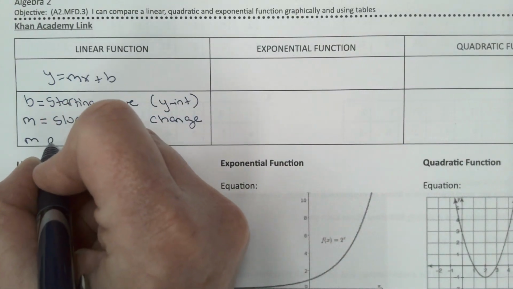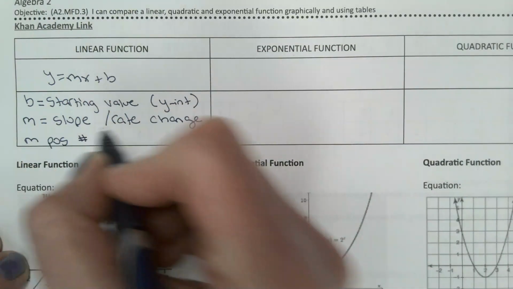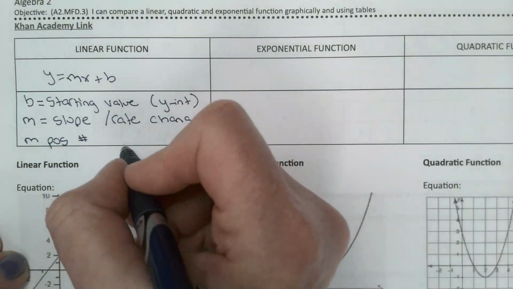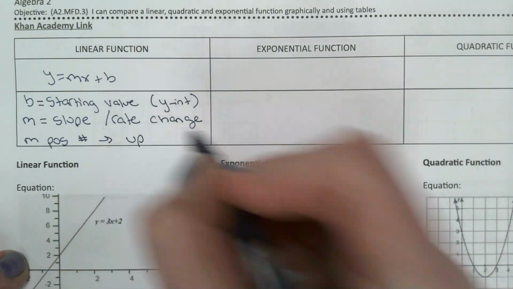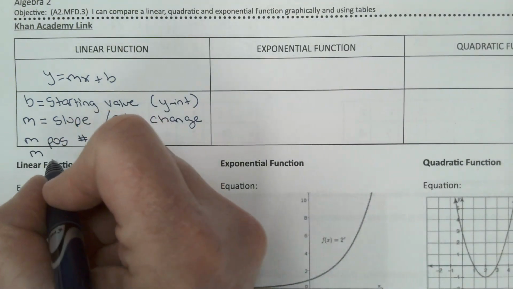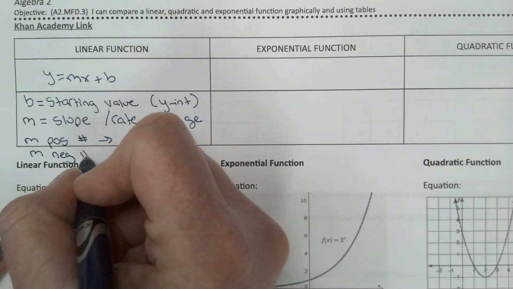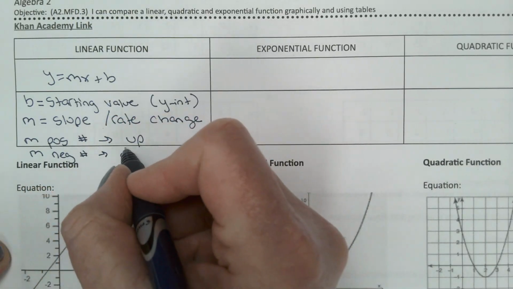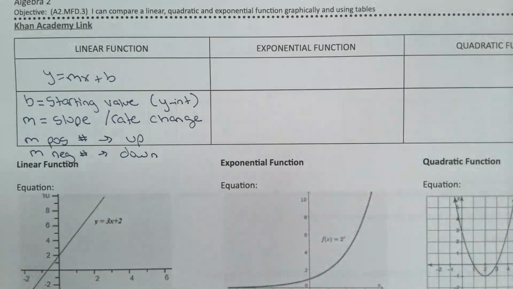If m is a positive number, then something is going up over time. And if m is a negative number, it is going to be decreasing or going down over time.